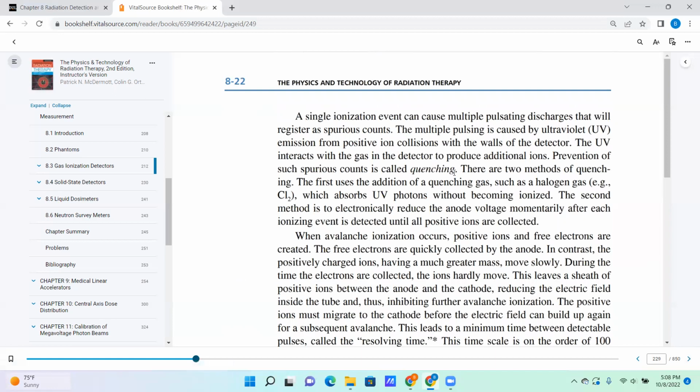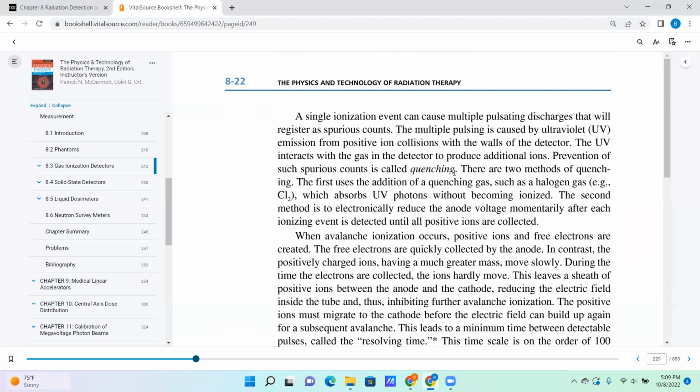A single ionization event can cause multiple pulsating discharges that will register as spurious counts. The multiple pulsing is caused by ultraviolet emission from positive ion collections within the wall of the detector. The UV interacts with the gas in the detector to produce additional ions.